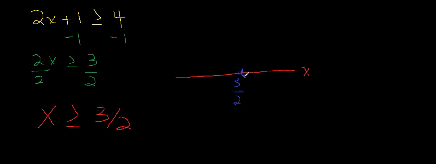So I don't know if you guys learned about the closed dots and the open dots, but when it has the greater than or equal to, it'll be a bracket like that, and you'll have everything greater than that. So that's how it's drawn on a little linear inequality diagram, okay? So you'll have everything greater than 3/2, all right?